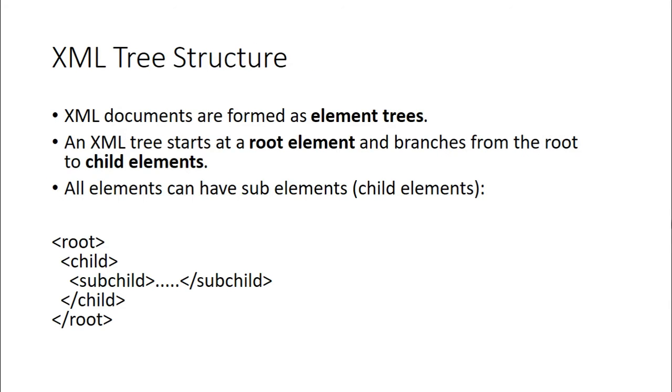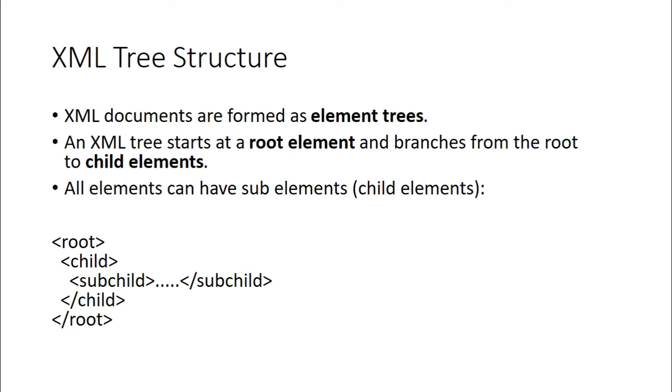Let us see what we mean by XML tree structure. XML documents are formed as element trees. As we had seen in HTML, elements consist of opening and closing tags and some content in between. Similar to that, we also have XML elements. XML follows something called the element tree.